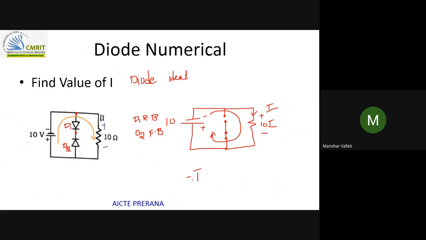So minus 10I minus 10 is equal to 0. Minus 10I minus 10 equal to 0. I equal to minus 1 amp. I equal to minus 1 amp.